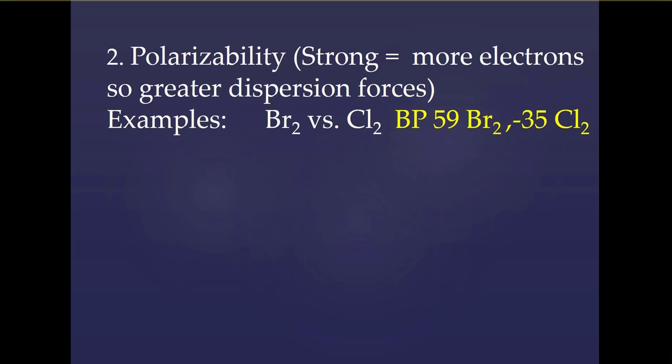In an instant, there might be a little bit more electrons on the left-hand side of the molecule, and the next second it might be over on the right-hand side, and then the next second on the bottom, the next second on the top. These are continually shifting. So let's look at two molecules.